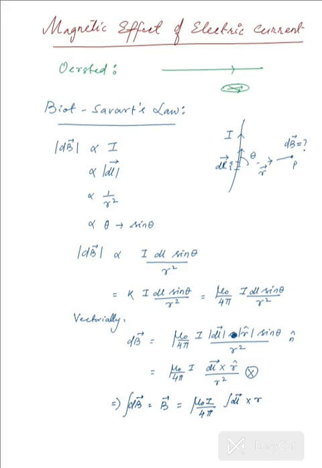If I use the r vector over there instead of the r cap, then I know very well that we have to get another r in the denominator. So this is r mod cubed, and obviously the direction as we have obtained is directed into the plane, that is by the right hand thumb rule. So this is more or less the equation that determines the direction of the magnetic field associated with a given conductor carrying current.